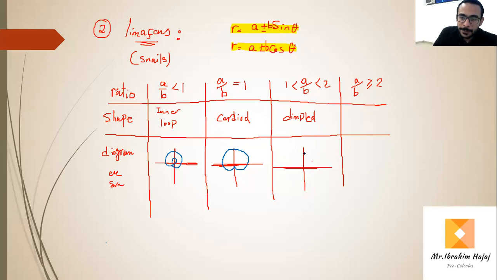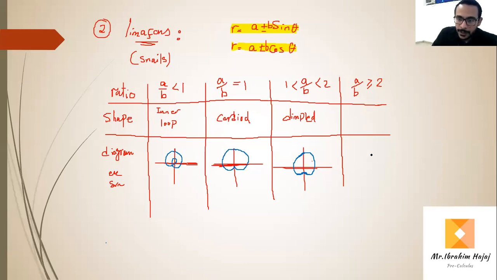It's a circle from the upper part, but it comes in like this. There is no sharp point inside the graph. It's just a curve inside, like this.